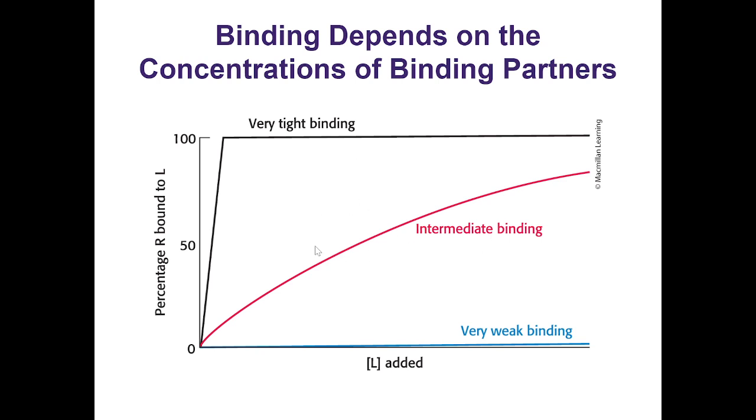It is going to depend on the concentrations of your binding partners. And so there is the percentage bound to the ligand right here. If it goes up really fast and then it maxes out and you hit a steady state because you've maxed out your equilibrium, what that means is this is very tightly binding, okay?